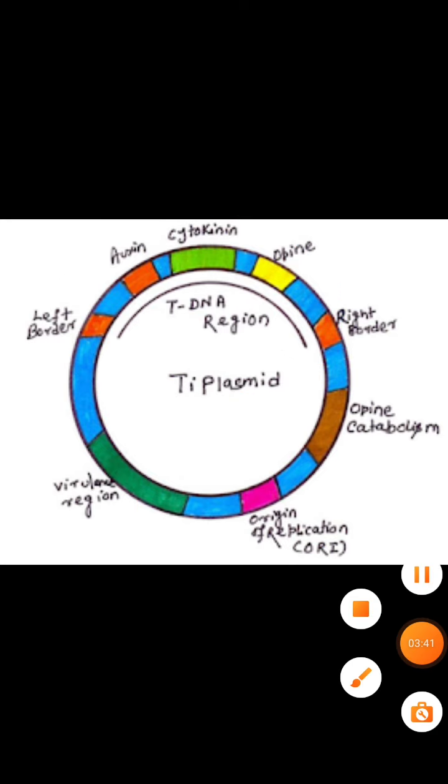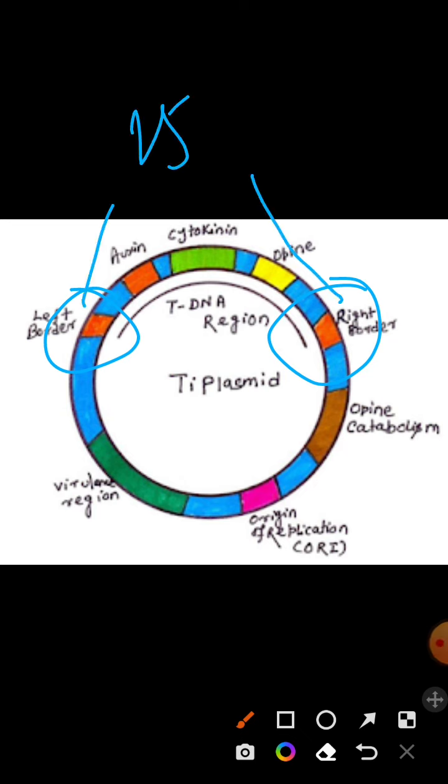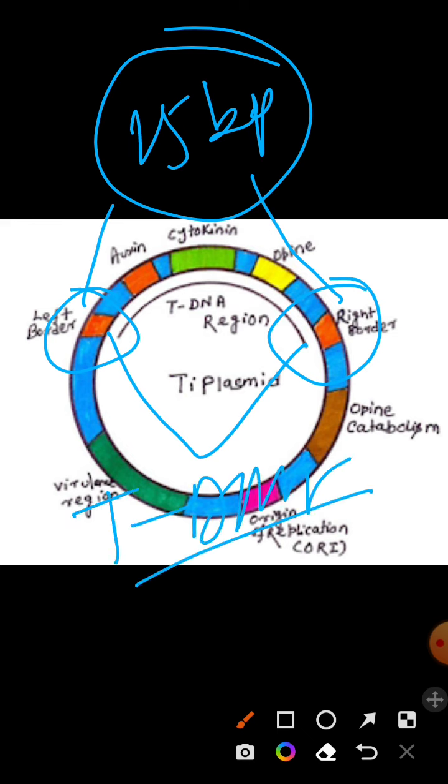Now another thing that you need to know is that the left border and right border are direct repeat flanking sequences of 25 base pair. Okay, so the left border and right border play an important role in the tDNA transfer mechanism. Why?